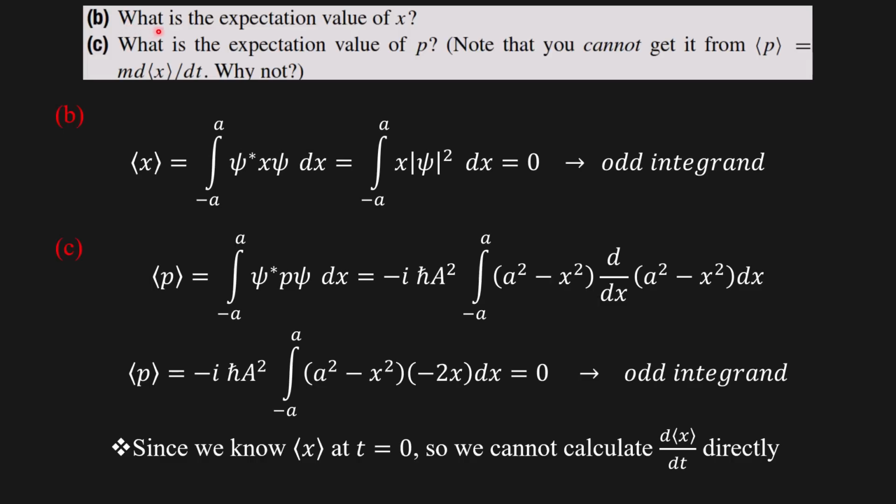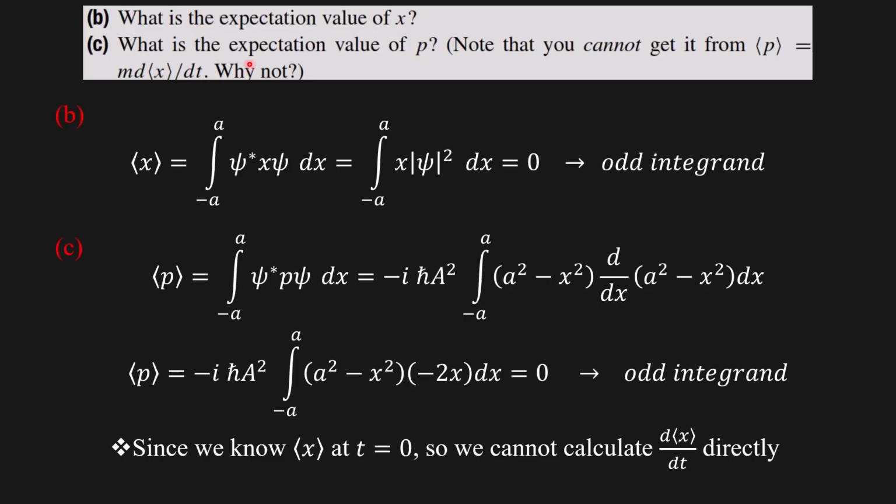Now section B is what is the expectation value of x, and section C is what is the expectation value of p. Note that you cannot get it from the expectation value of p equal to m multiplied by the time derivative of the expectation value of x. Why not?